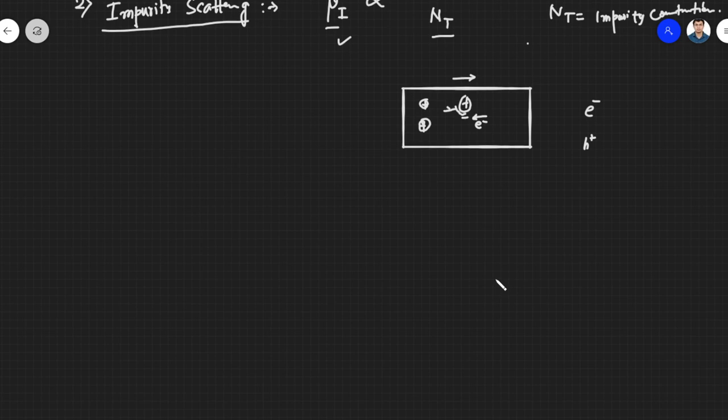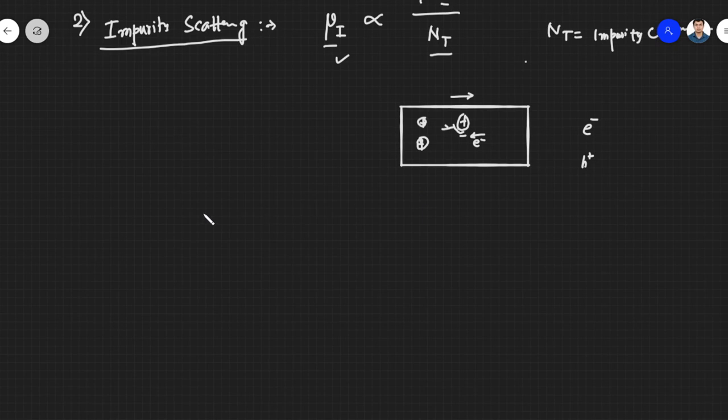Before that, let's equate this with the mean free path, or mean free time. So total mean free time, if it is tau c, then because mu is directly related to tau c, right?